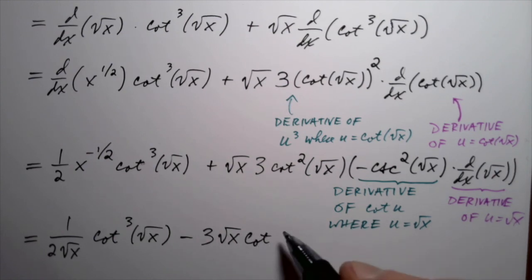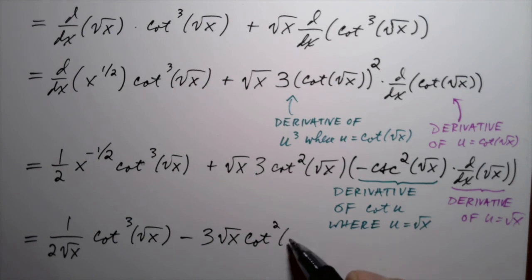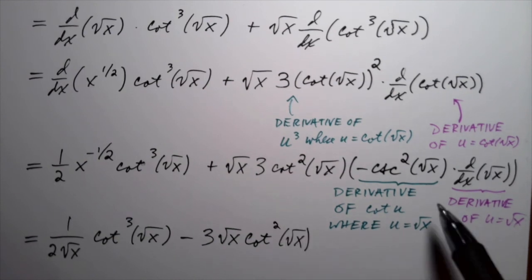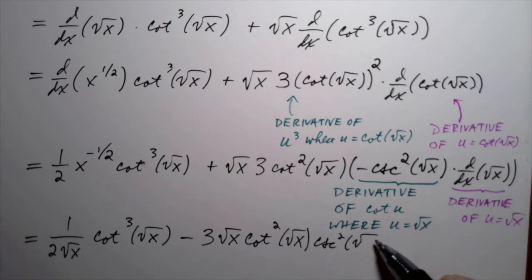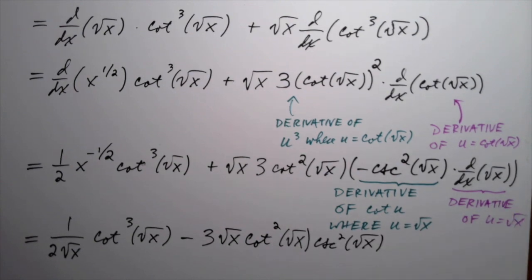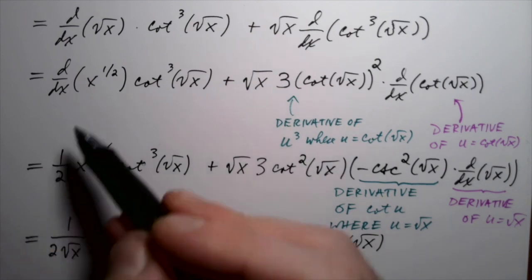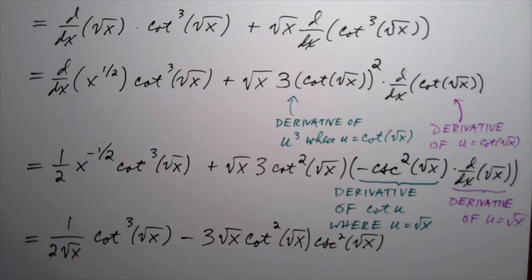We're left with square root of x cotangent squared of the square root of x. And then what's left in here? We have a cosecant squared of the square root of x. And then finally the derivative of the square root of x. We've taken that a few times now. In fact, we just took it over here. We know it's 1 over 2 root x. So I'll just sub that in. And now we're done. That's it.